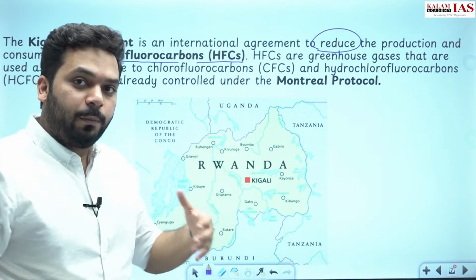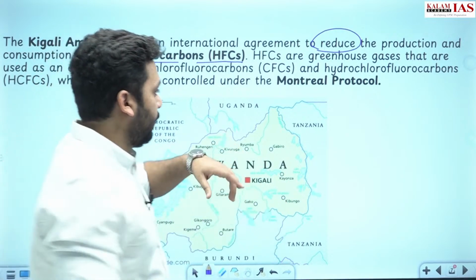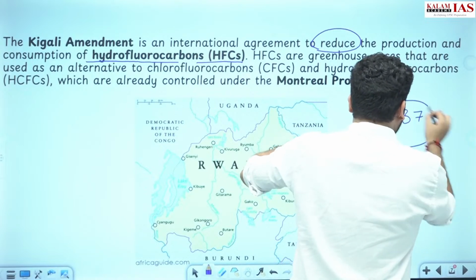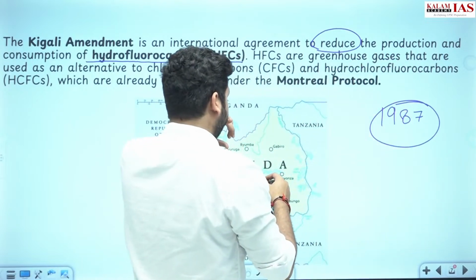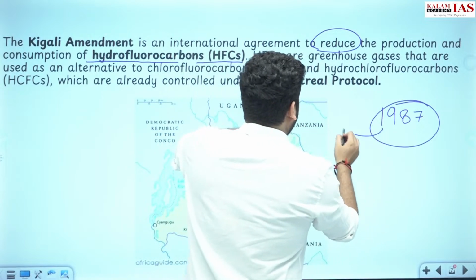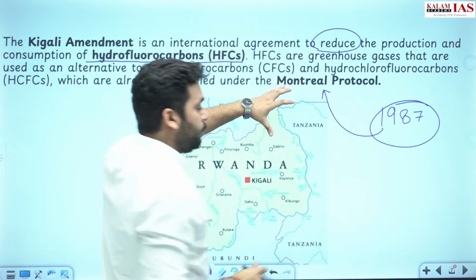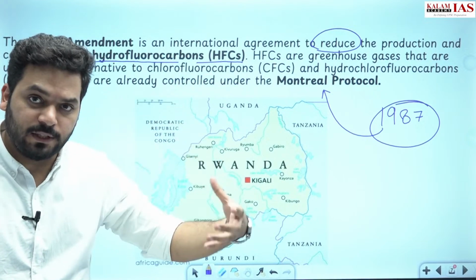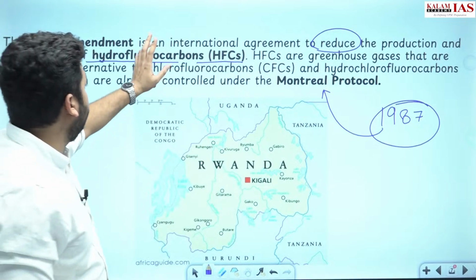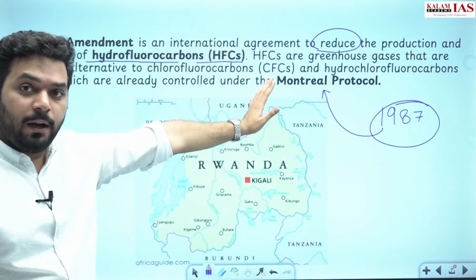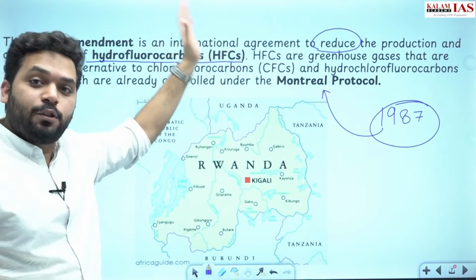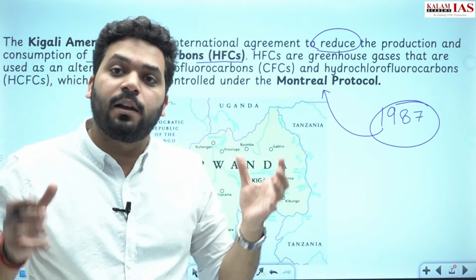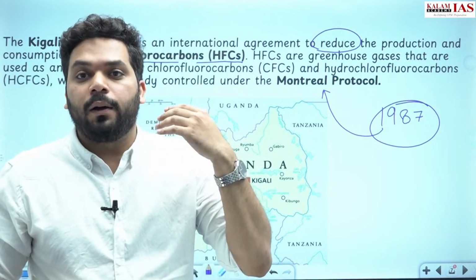The Montreal Protocol was decided in 1987. Vienna Convention, Montreal Protocol, to reduce the use of ozone depleting substances, their replacement was decided. In the Kigali Amendment they removed this also, not because it was depleting the ozone layer, but because it has negative consequences on global warming.